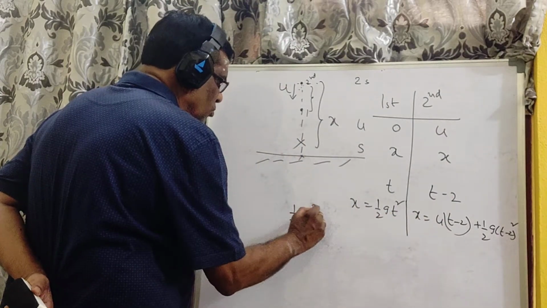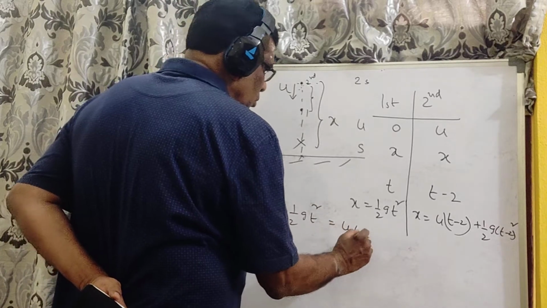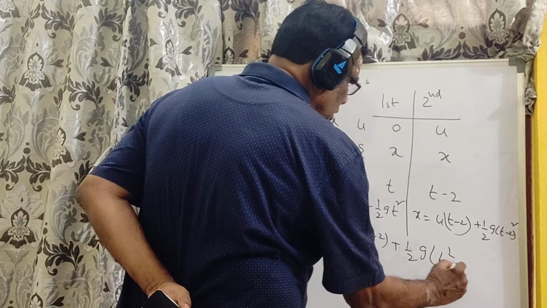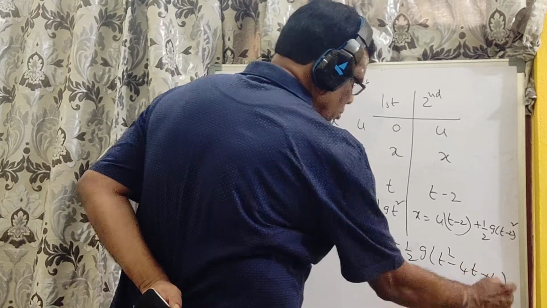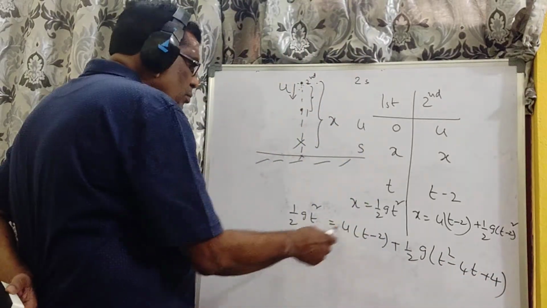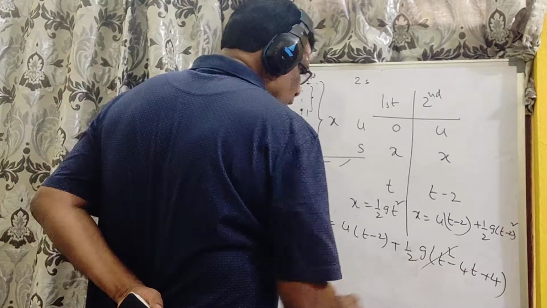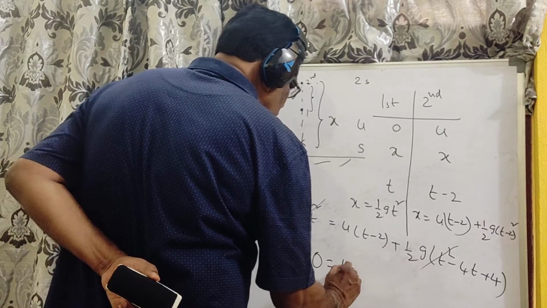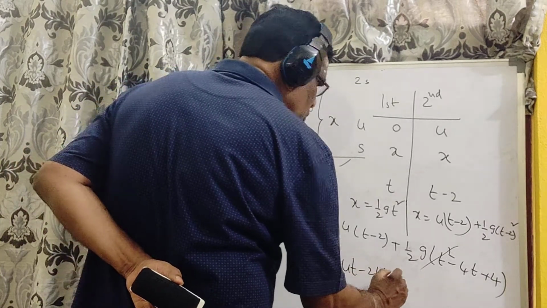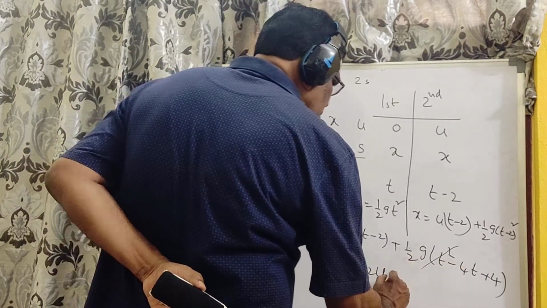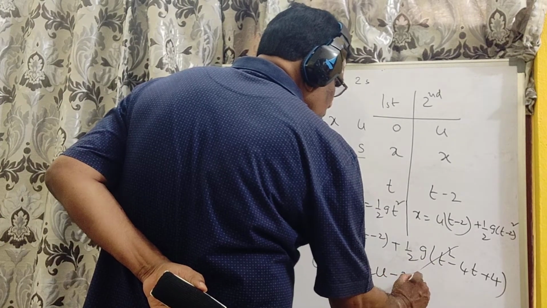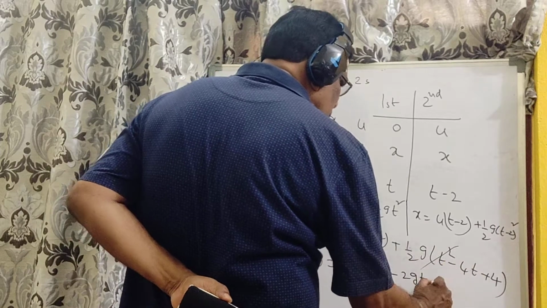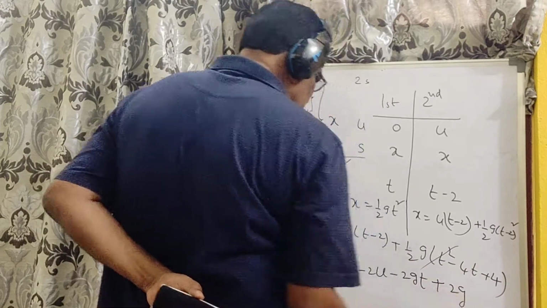So you get half gt, that is u into t minus 2, plus half g into t square minus 4t plus 4. In this, of course, half gt square gets cancelled, and now you have 0 is equal to ut minus 2u, and this becomes minus 2gt, and this becomes plus 2g.